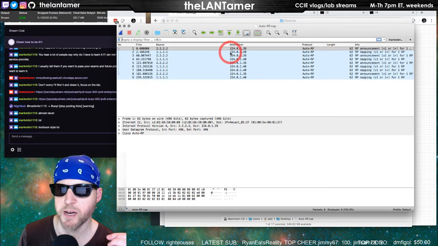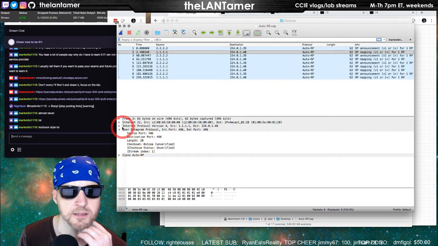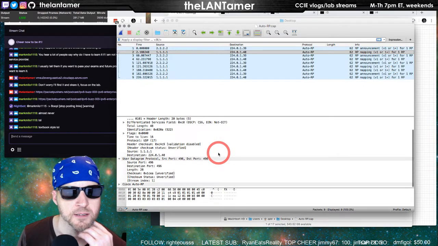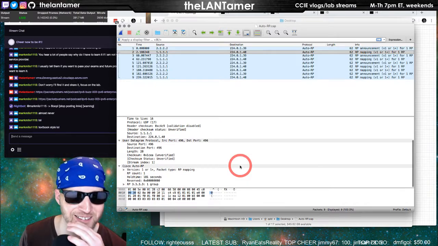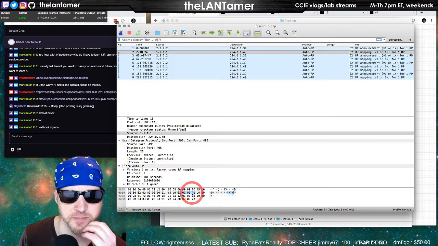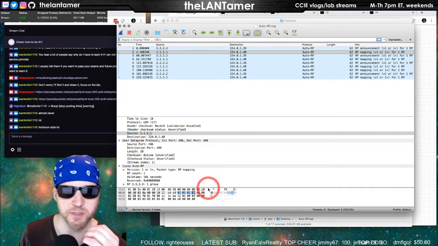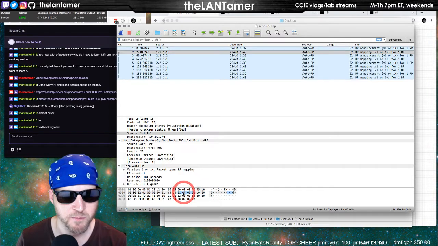RP announcement, RP mapping. So let's look at the mapping. Yeah, see, this doesn't say that it comes from France. Where are those bits? Oh, that was maybe because it was 02, 02, 02, 02.